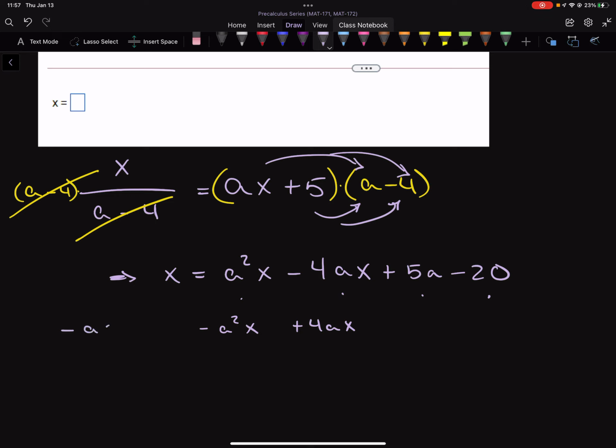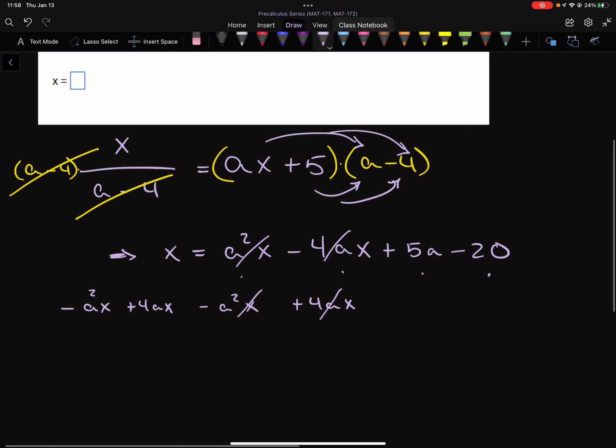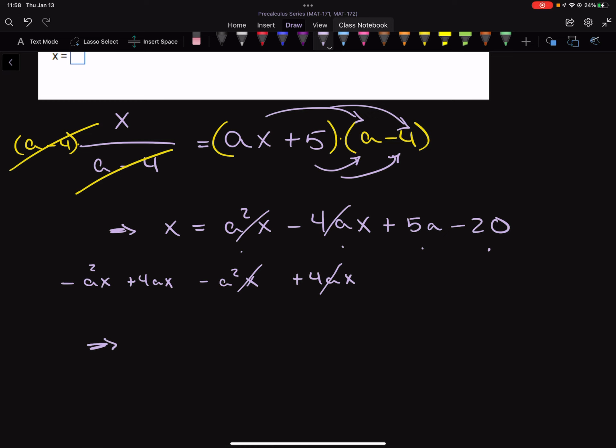All right, so that's what we'll do here. That's all coming to the left-hand side. They cancel out over here. And where we end up is, let's see, we have x minus a squared x plus 4ax equals 5a minus 20.